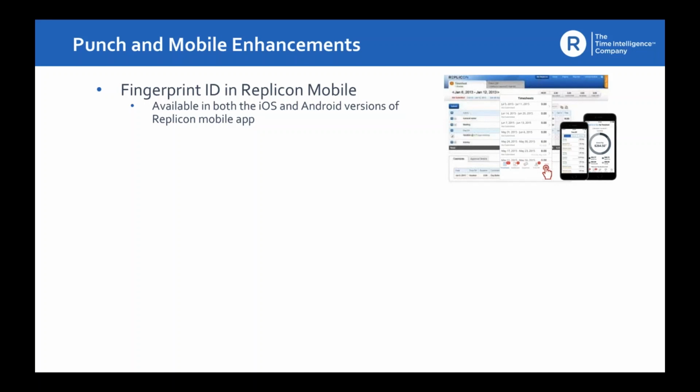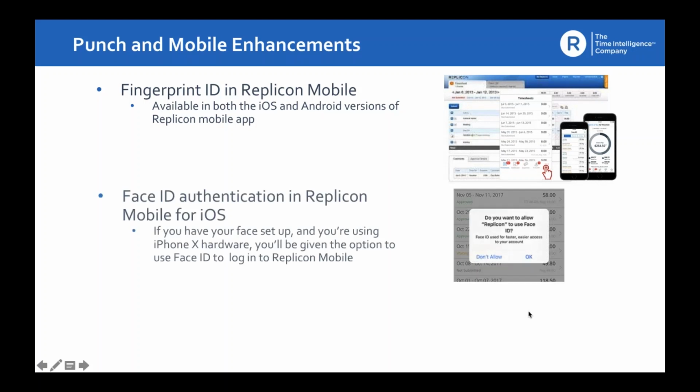With that, we have rolled out the fingerprint identification for Android and iOS, and it's available for the devices that support fingerprint sensors. We've also rolled out the Face ID authentication in Replicon Mobile for iOS. And if you're on an iPhone X hardware, you can now use your Face ID to log into the app instead.